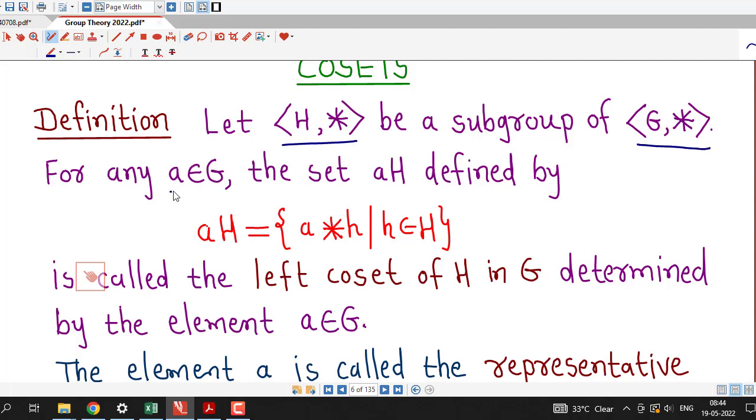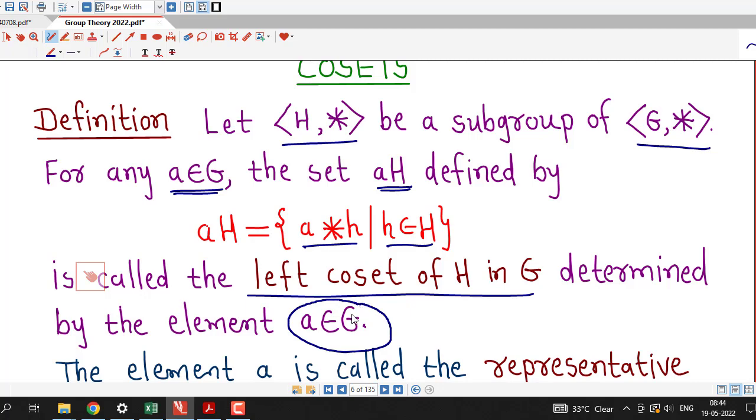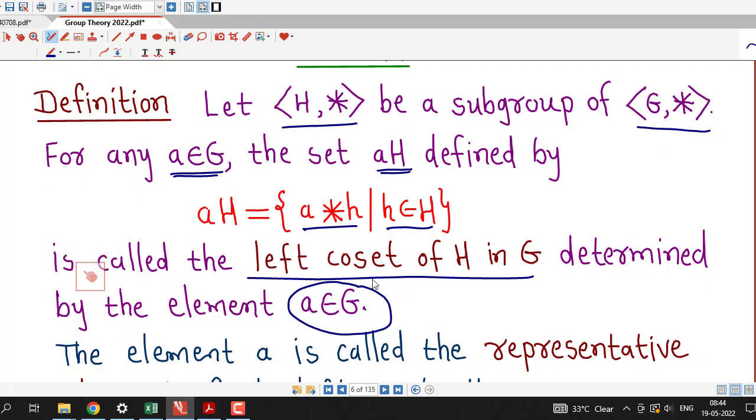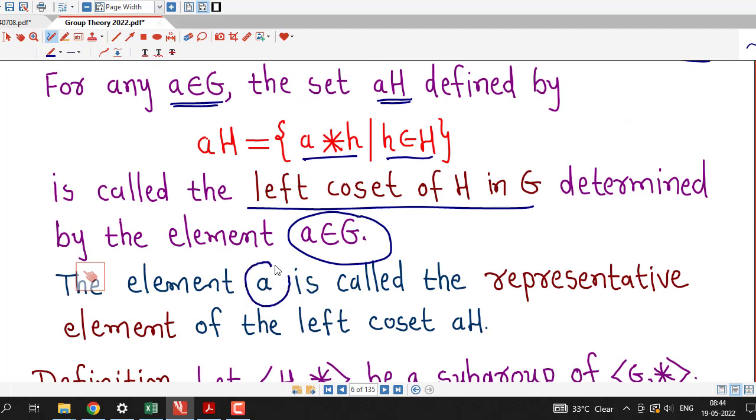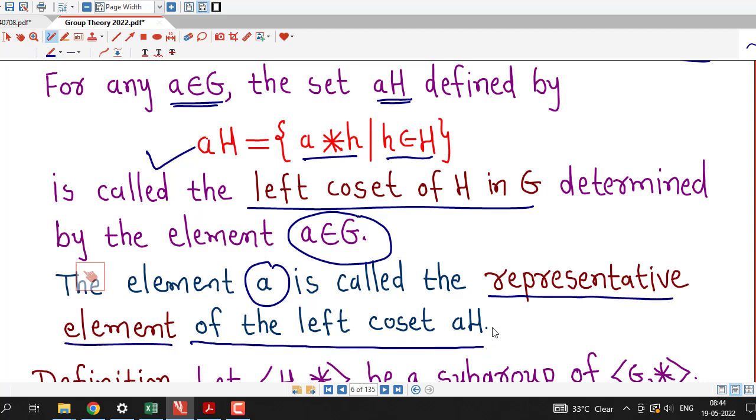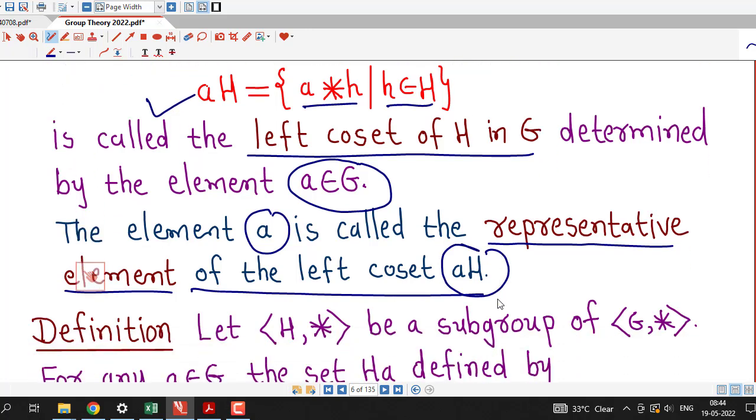For any element a of G, the set denoted by aH and defined by aH equal to a star h, where h belongs to H, is called the left coset of H in G, determined by the element a belonging to G. So for every element we can determine the left coset, and this element a, which determines this left coset, is known as the representative element of the left coset aH.